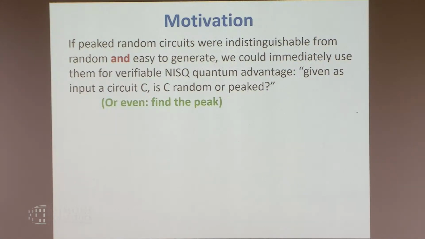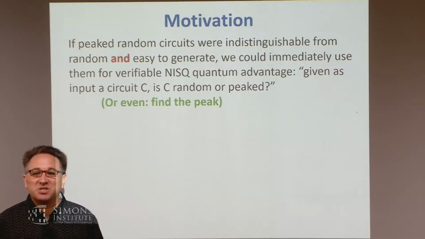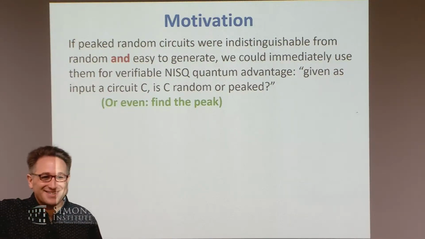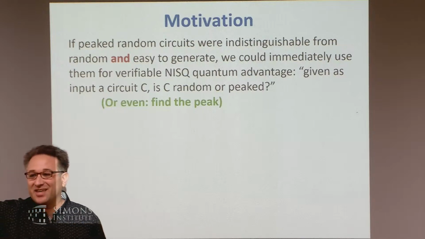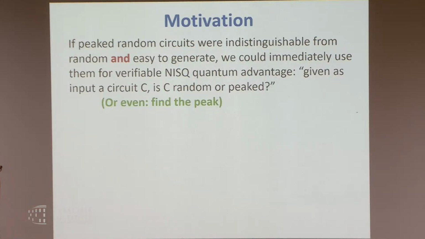We would just have to say, given as input a quantum circuit C, decide if C is random or peaked. That would be easy for a quantum computer, hard for a classical one. We could even ask a further question like find the peak. And if we had a way to generate these circuits where we also knew where the peak was, then that would give us a particularly dramatic demonstration.